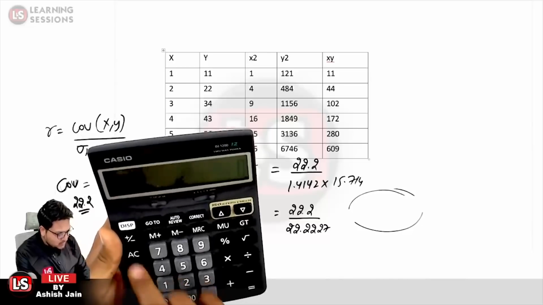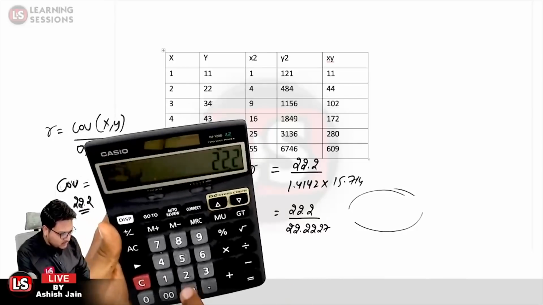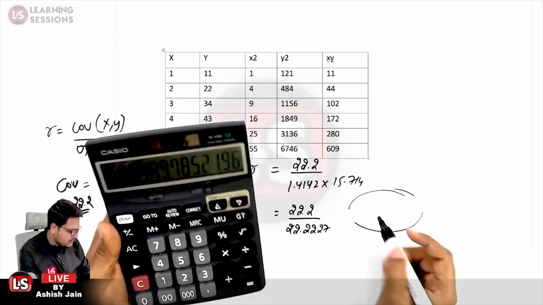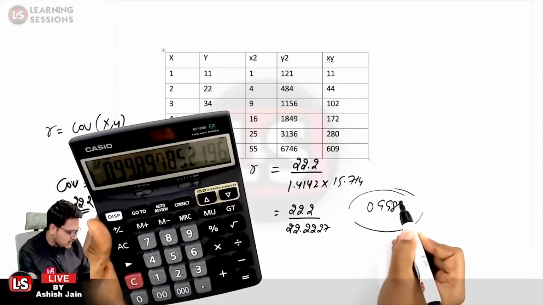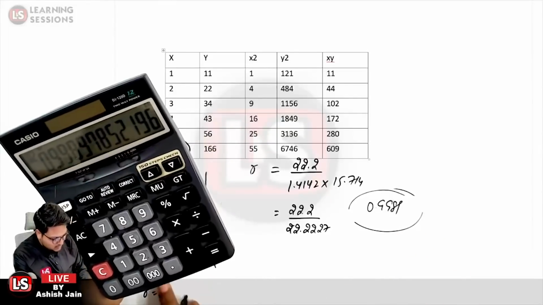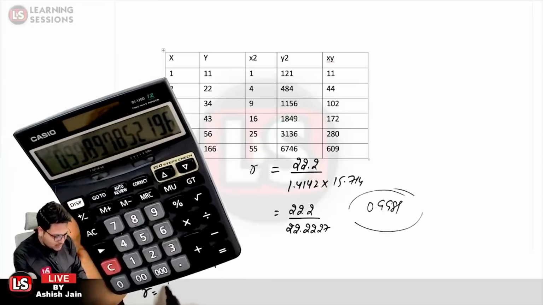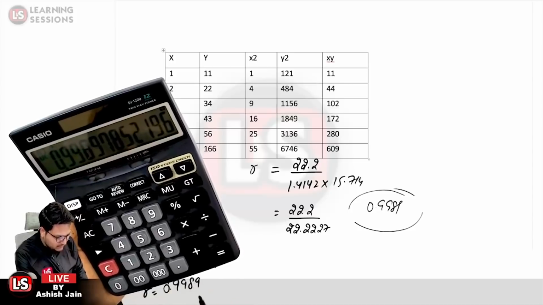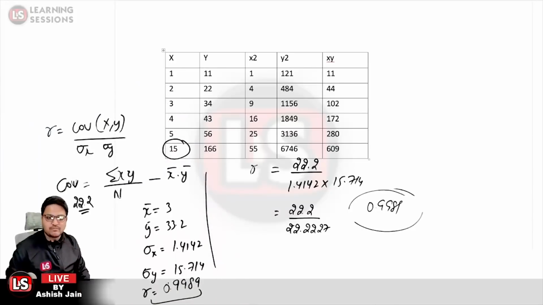So r is equal to 22.2 divided by 22.2227, and here we are having the value that is 0.9989. So there is a strong relationship between the two variables. Sorry for the calculation mistake. It was 0.9989 that we are getting over here.